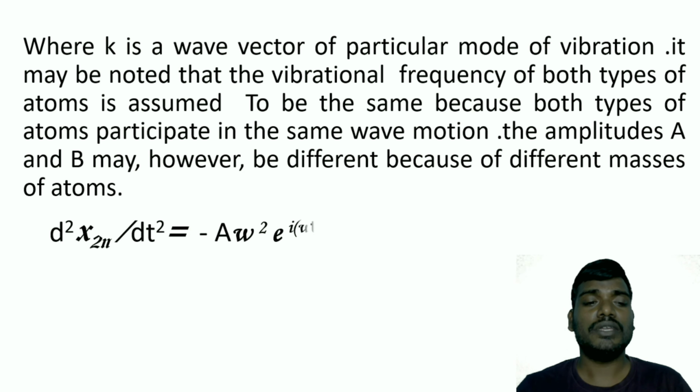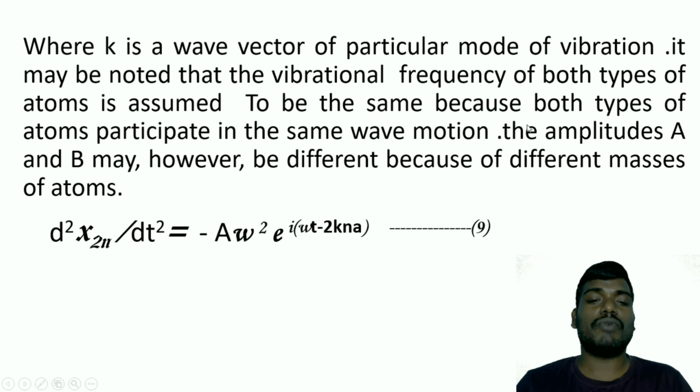And next, the solutions. We differentiate the above equations. We find d²x_{2n}/dt² is equal to minus A ω² e^{i(ωt − 2nKa)}, where the value equals x_{2n}.